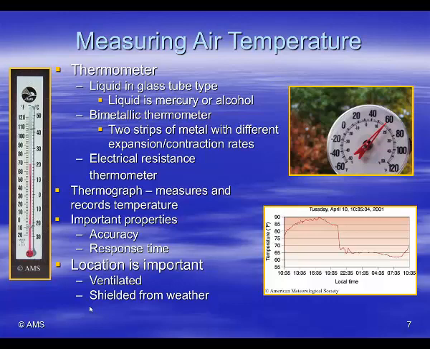That's one of the reasons you have to keep it in your mouth for a while if you're measuring your temperature. The electric resistance thermometer reacts much faster. It's also important, if we're measuring the temperature outside, to have the thermometer in a well-ventilated area, but yet it has to be shielded from the weather.